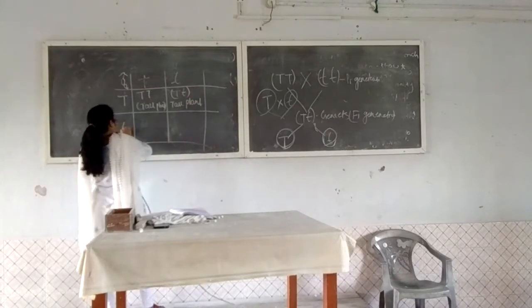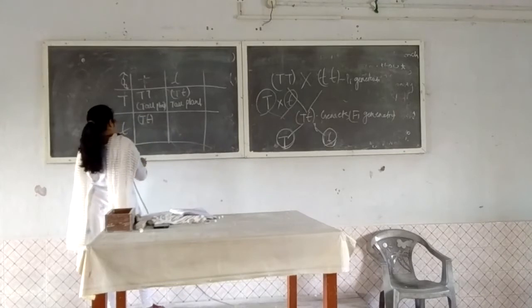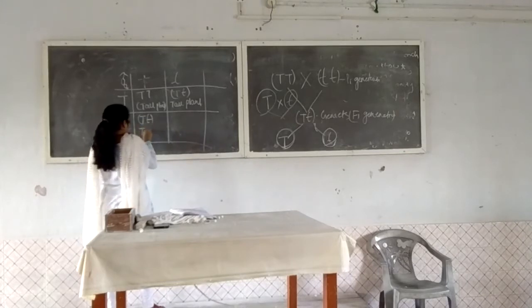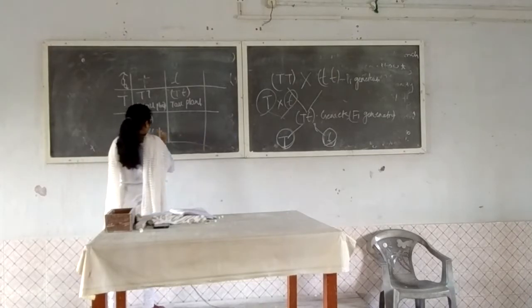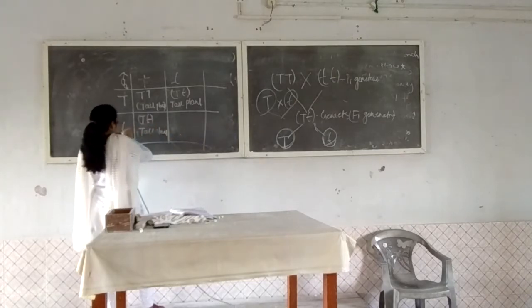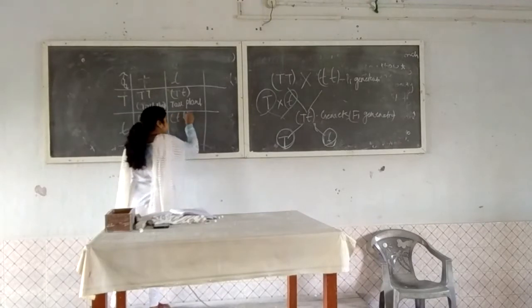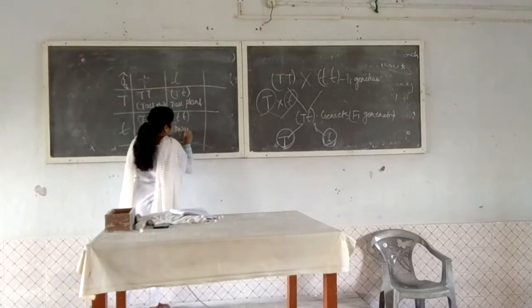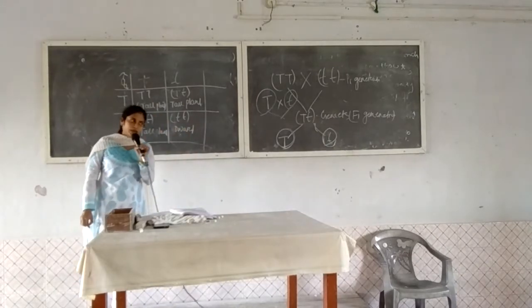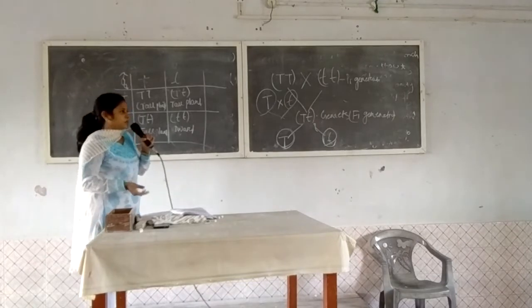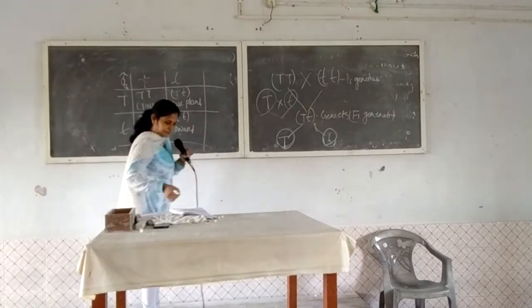Then he crossed the small t with capital T. This is also a tall plant. Then he crosses the small t with small t. This is a dwarf plant. He took the statistical analysis of the monohybrid cross and he got the probable result like this.